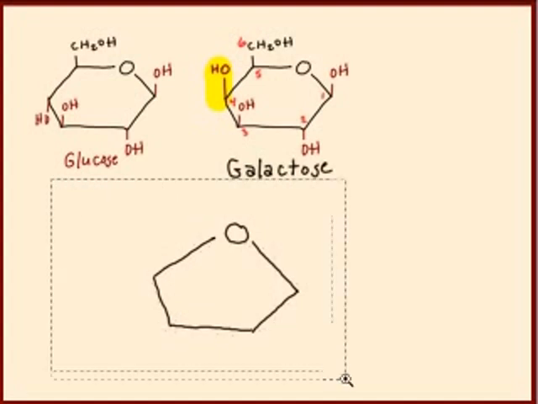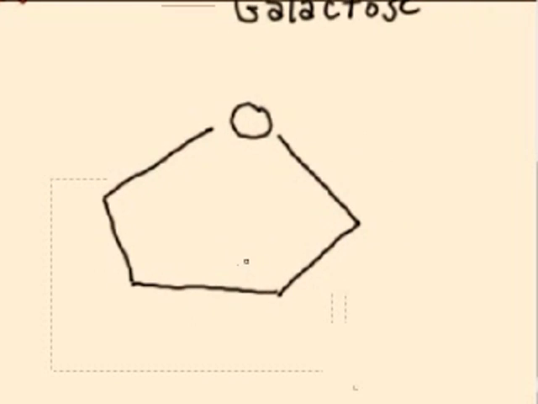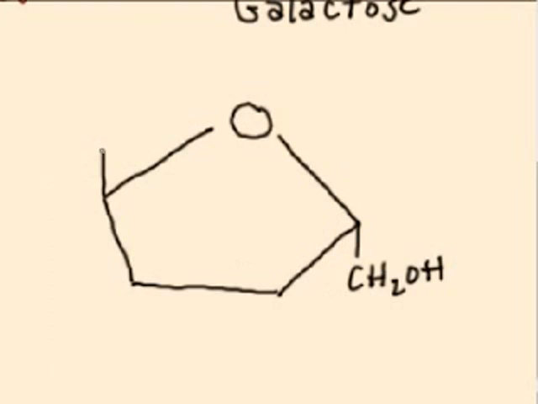There it is. Now let's put all of our other carbons on here. We're going to have a CH2OH here. And we're going to have a CH2OH here. And so we have our 6 carbons here.